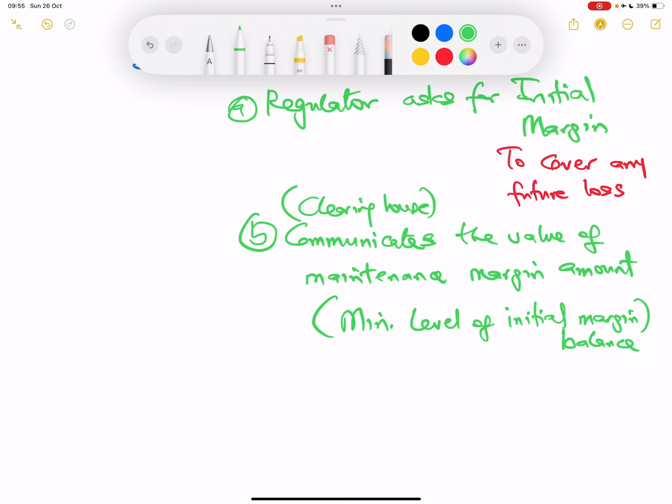So that is what the maintenance margin is all about. It's just like your buffer. It's like a level that is being monitored, because if you go below that level, you'll be asked to bring money.